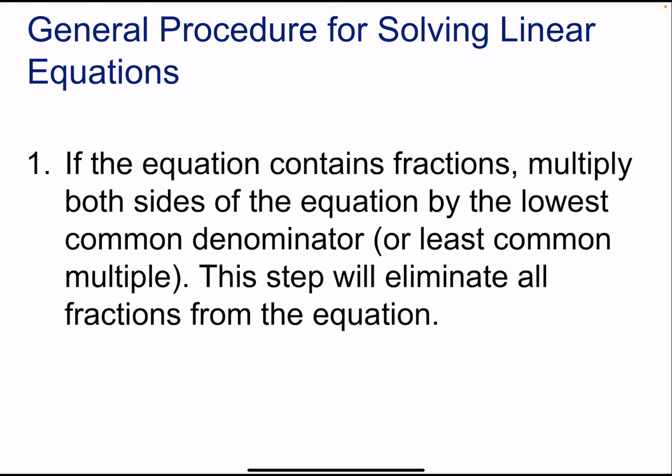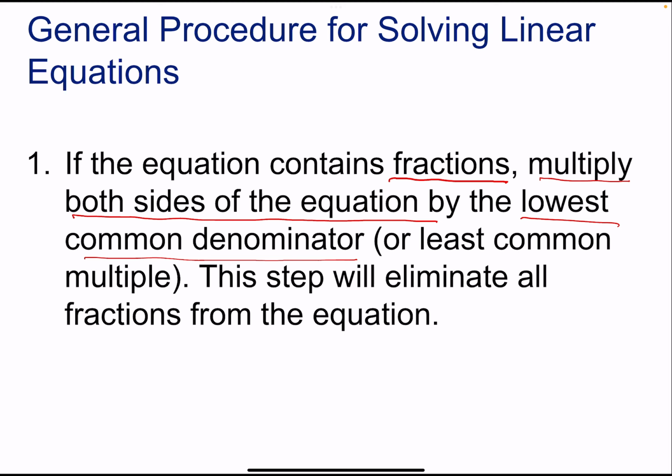So we can summarize some general procedures for solving linear equations. Number one is, if you see fractions, what you do is you want to eliminate the denominator. To do that, you multiply both sides of the equation by the denominator, or sometimes by the lowest common denominator. This is what we did earlier.